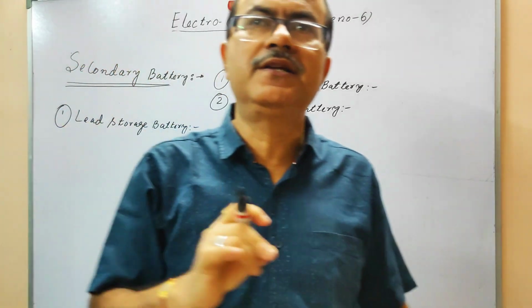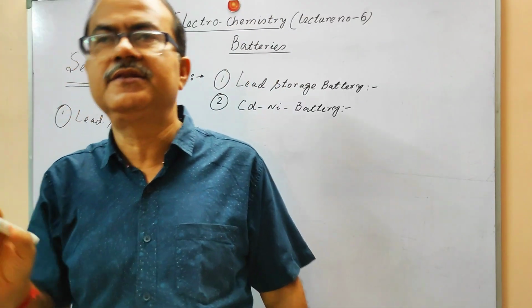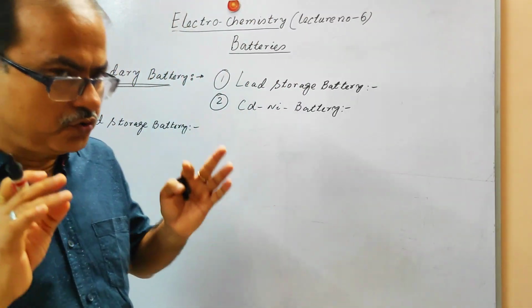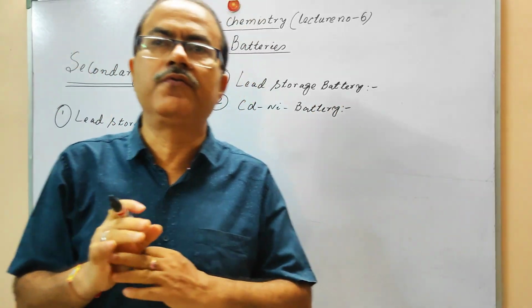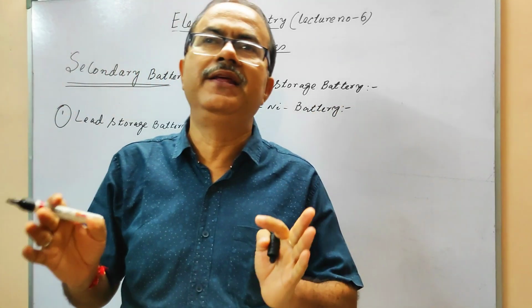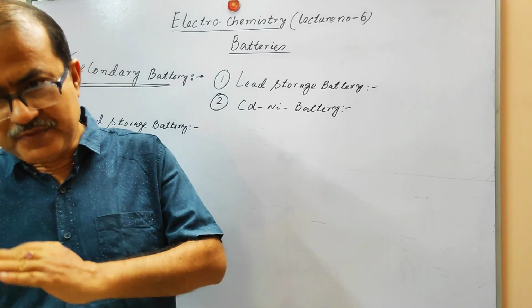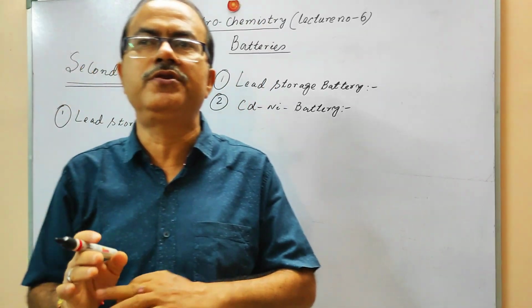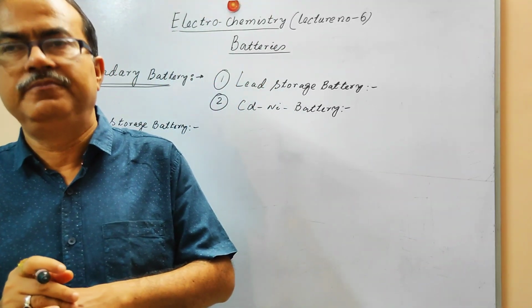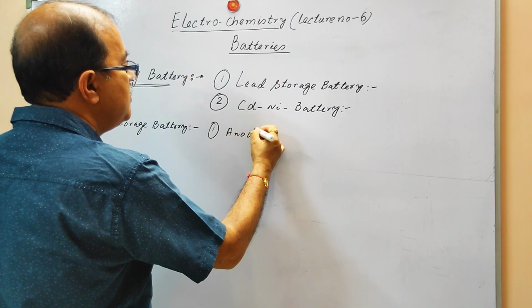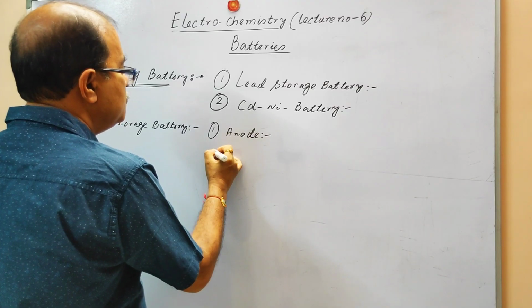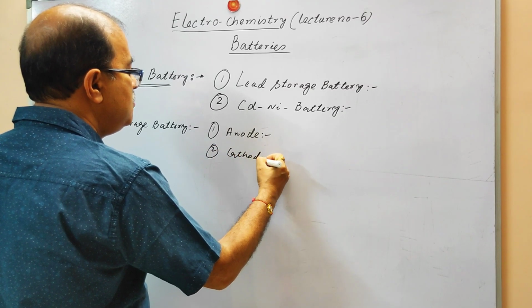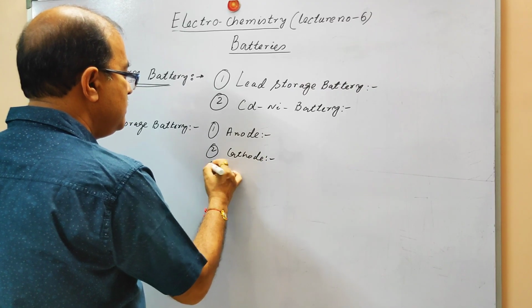We use it in cars and in inverters, and you can find it in your house in day-to-day use. The battery in a car is basically a lead storage battery. We know every cell has three constituents: the anode, the cathode, and lastly the electrolyte.